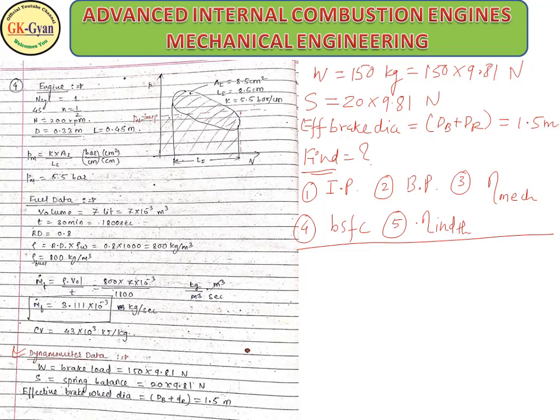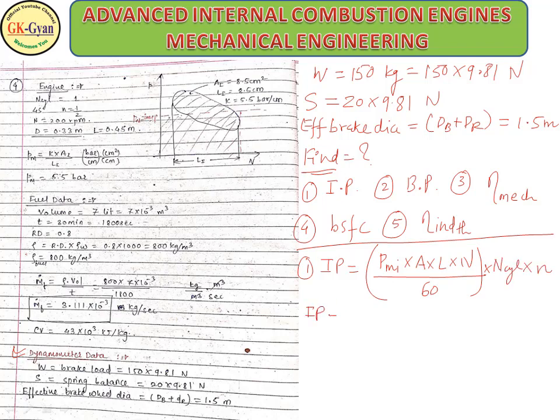So first we will calculate the indicated power, that is IP. We know the formula: PMI into A into L into N divided by 60 into number of cylinder into small n.